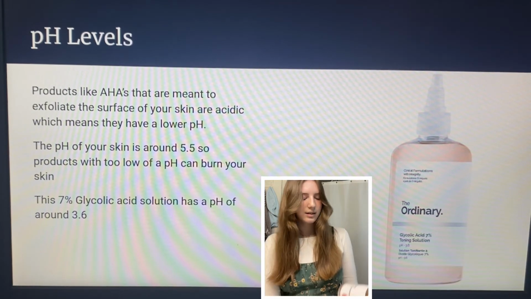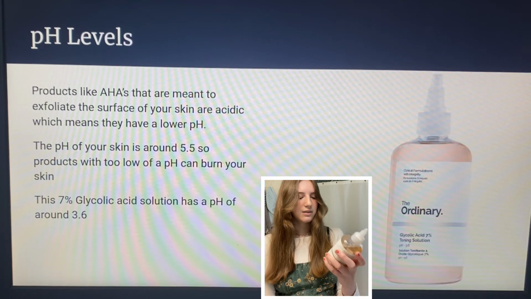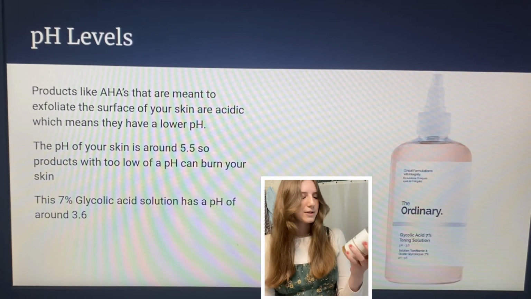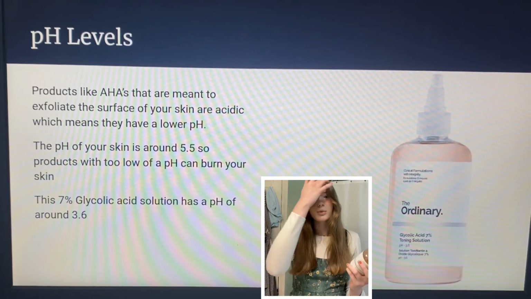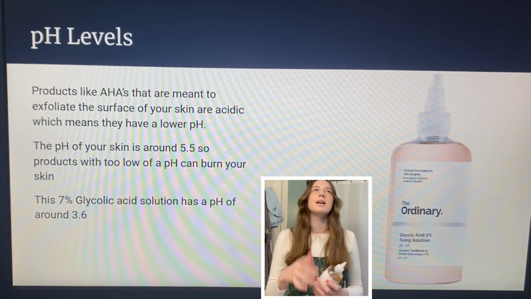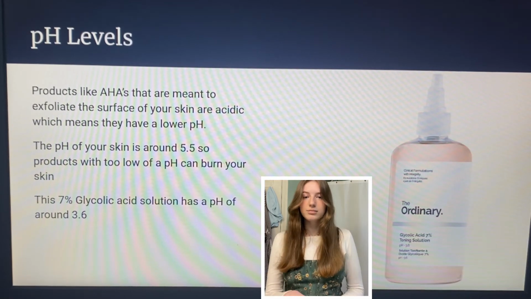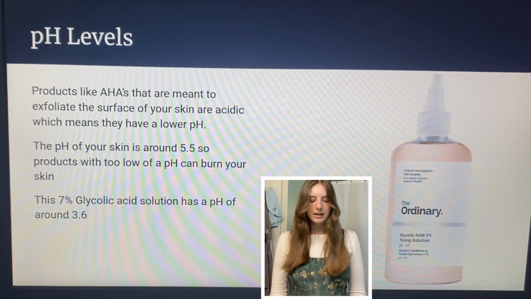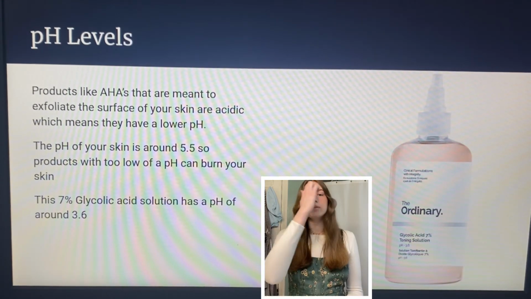So here is what's on the screen right now. It's this glycolic acid, 7%. I don't know if you can really see it that well, but it does have a pH of 3.6, so that is slightly more acidic than your skin. Your skin's pH is around 5.5, but anything around 4 or maybe a little bit less than 4 is safe for your skin.